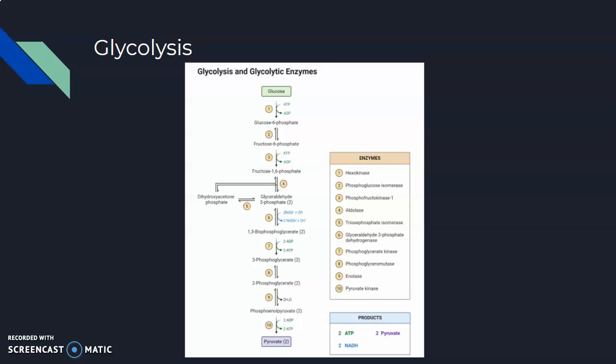And then when we jump down to step 6, we see glyceraldehyde 3-phosphate being converted to 1,3-bisphosphoglycerate, and that involves NAD+ to NADH via glyceraldehyde 3-phosphate dehydrogenase.